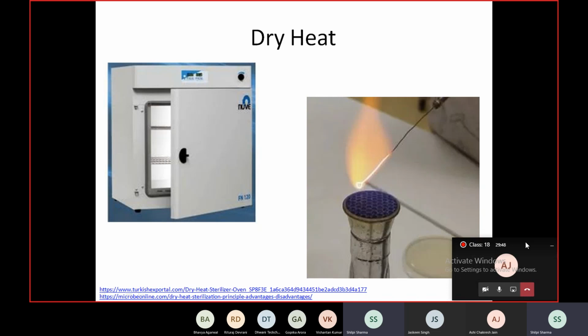And even for items that are impenetrable to moist heat, for example, certain petroleum products or certain powders wherein you cannot use moist heat. Other than this, the advantage of dry heat is that it's very easy to operate. These are very simple equipments that you will come across in the lab. The only disadvantage here is the longer time of exposure required compared to the moist heat.